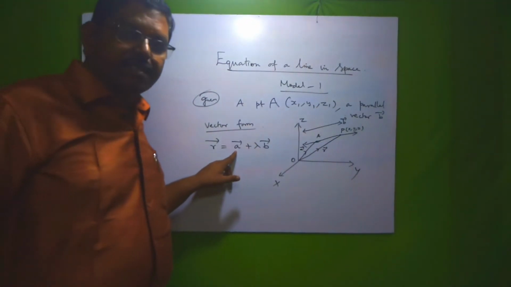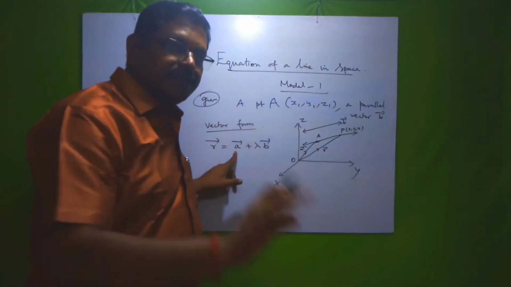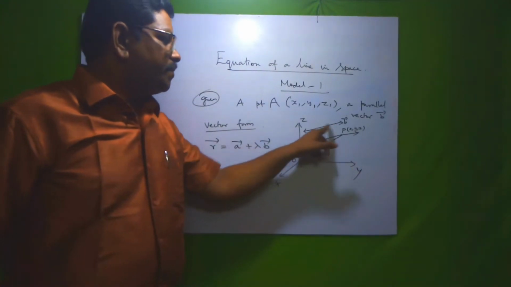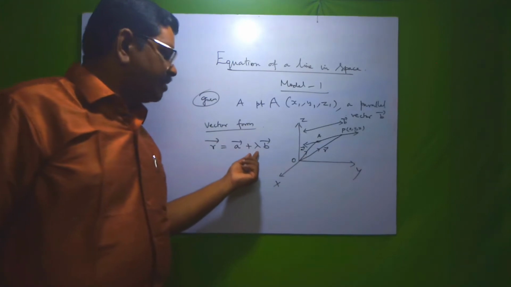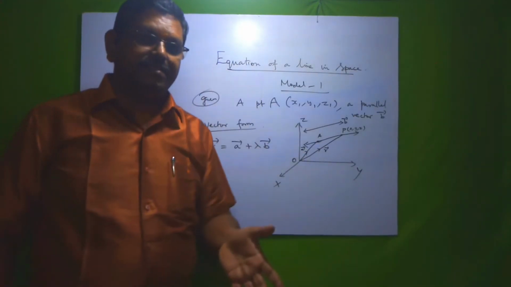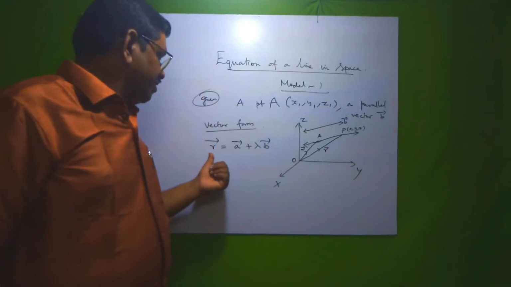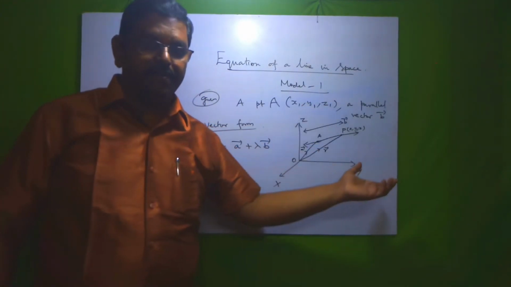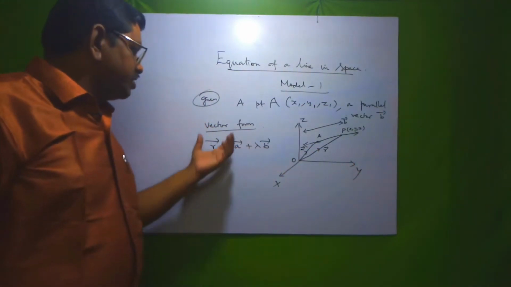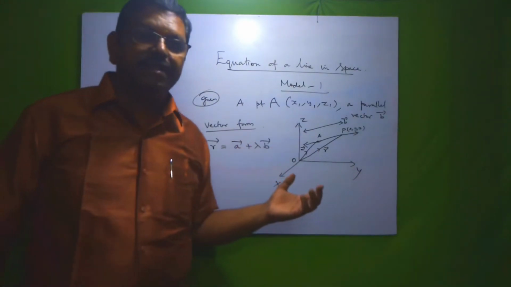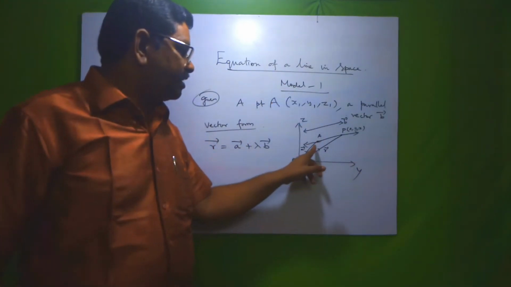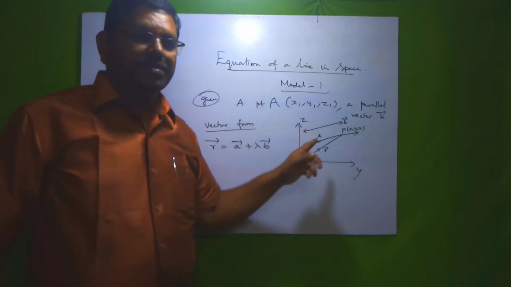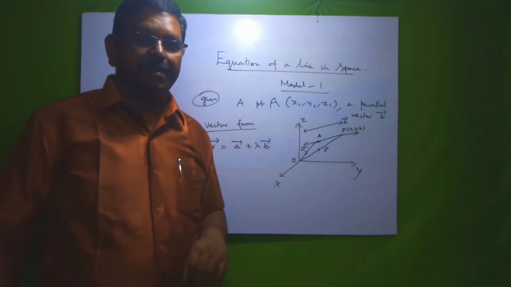Here this A vector is nothing but the position vector of the given point A, whereas B vector is the parallel vector and lambda is the constant, whereas small r vector, it is already known to us, that is the position vector of the point P. So by using this formula we can find the equation of the straight line passing through the point capital A and parallel to the vector B.